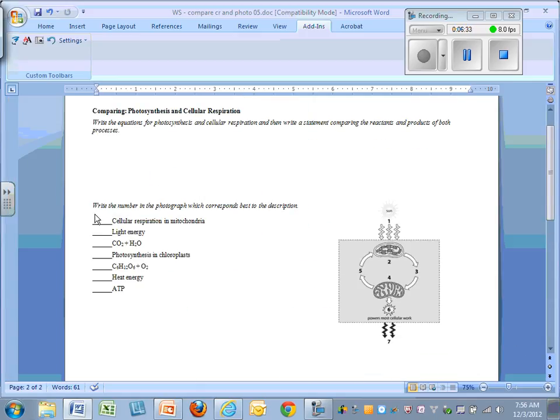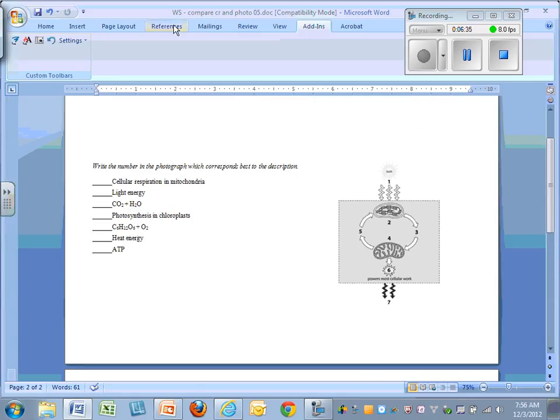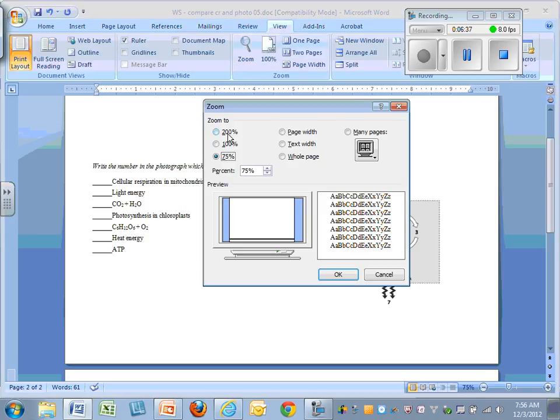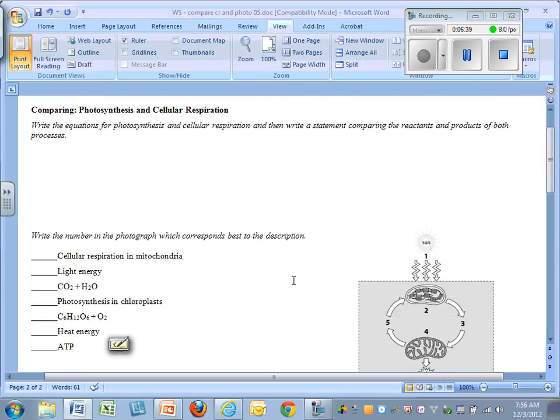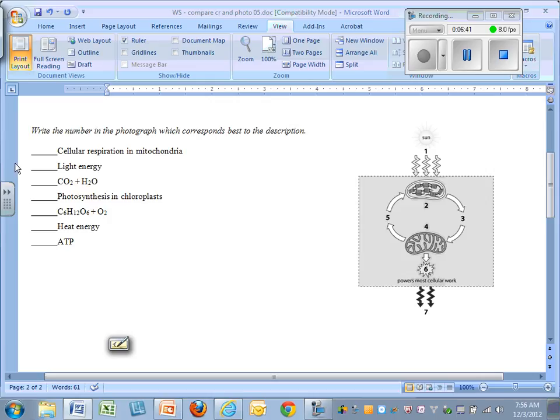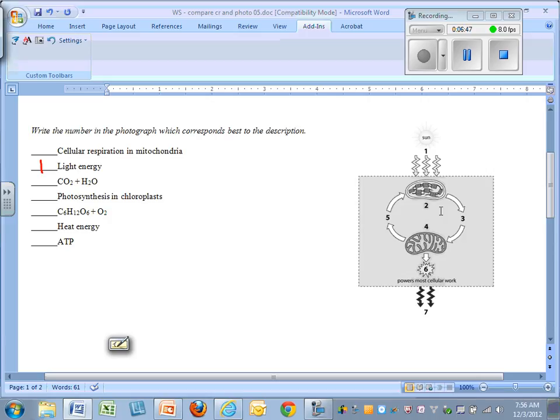All right, going up to the top here, I asked you to fill in this chart. Let me zoom in a little bit. Number one is what on the diagram? Number two. What structure is that? Chloroplast. So, there we go.